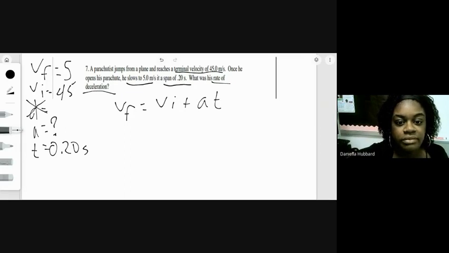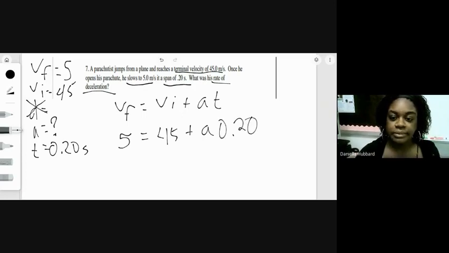My VF. Now I'm just replacing with what's given and what we have. 5 equals VI is 45 plus A that we don't know times our time of 0.20. Now, algebra rules apply. No, we cannot add 45 plus 0.20A because they're not like terms.